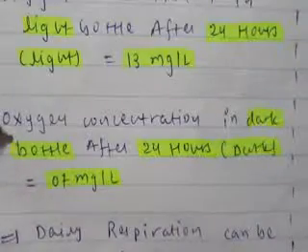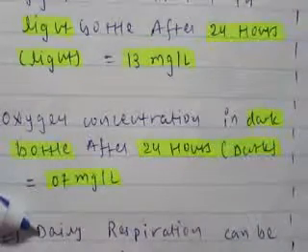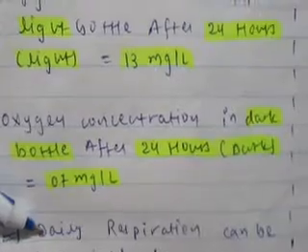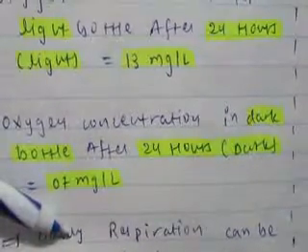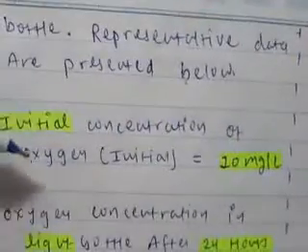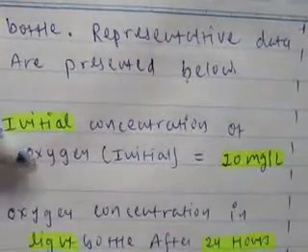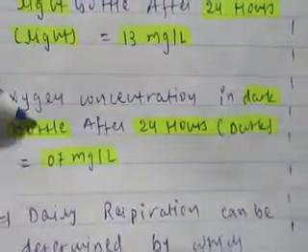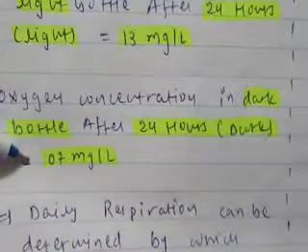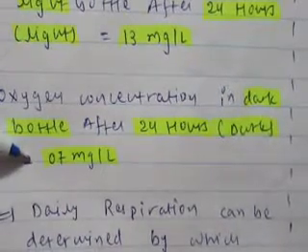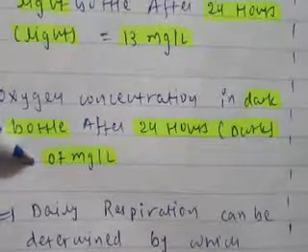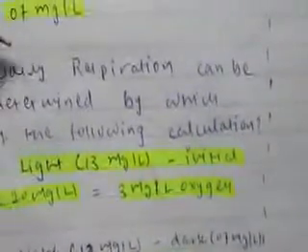So if we want to count the daily respiration ratio, then the probable equation should be initial oxygen concentration minus oxygen concentration in the dark bottle, that is 10 minus 7 is equal to 3 milligram per liter, that is the net daily respiration.